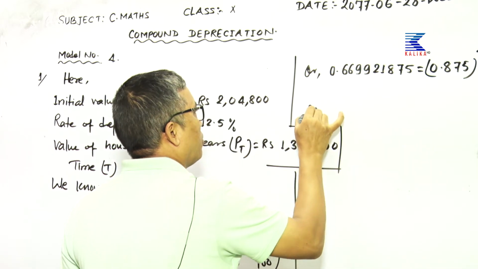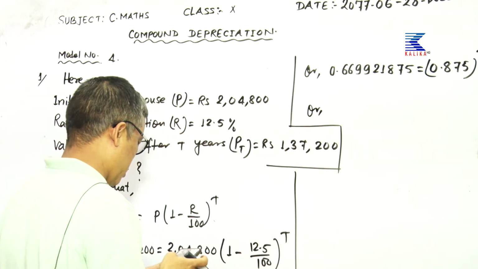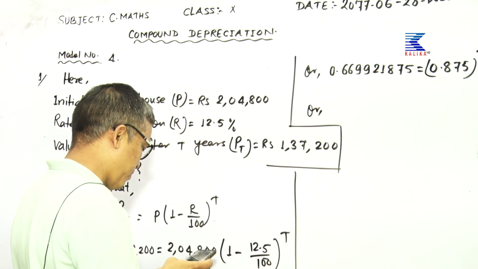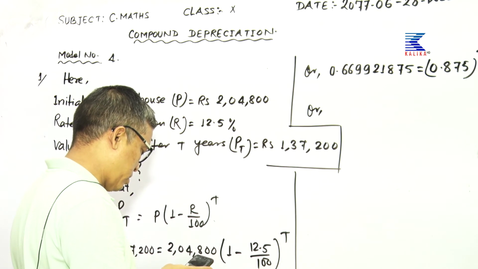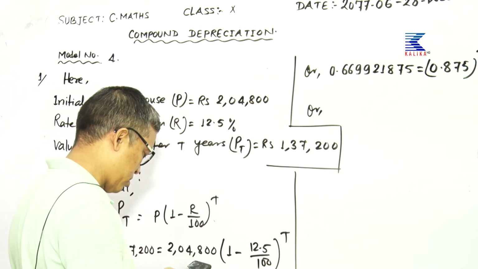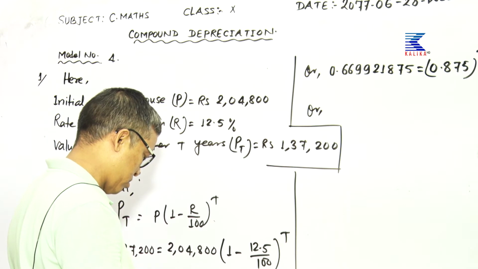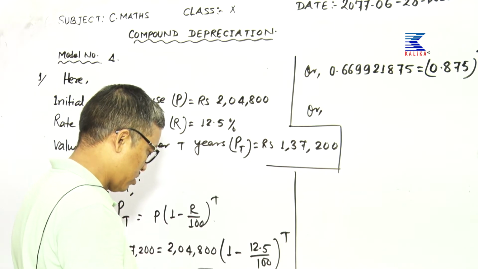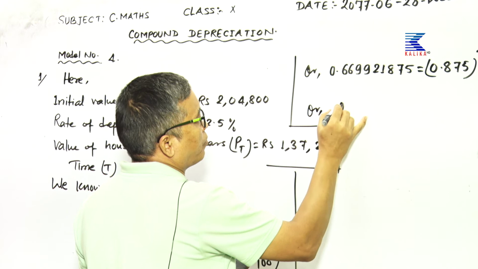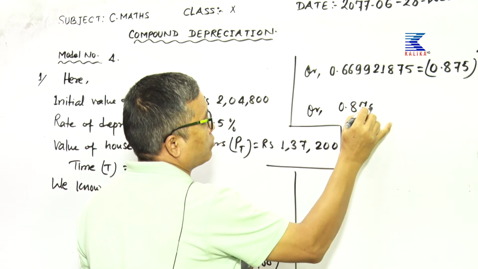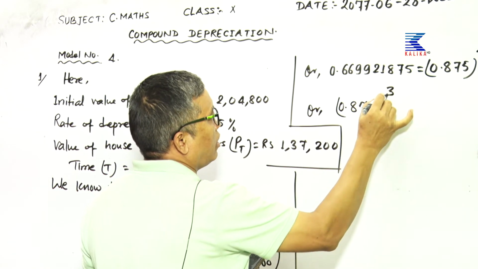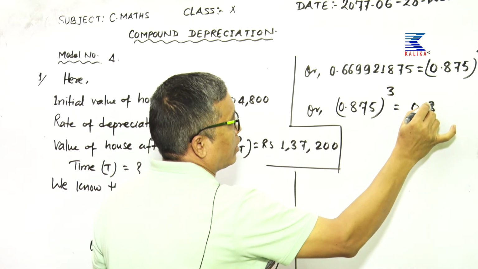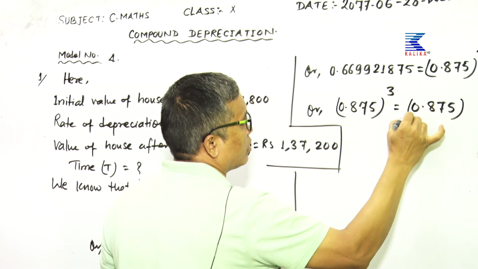We have to make the bases the same. This means 0.875 to the power 3 is equal to 0.875 to the power t.